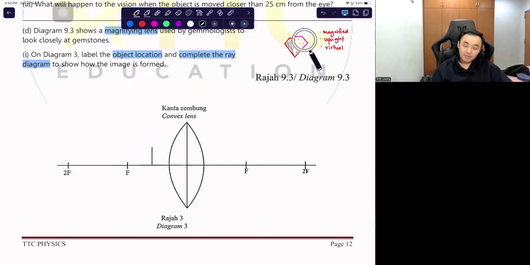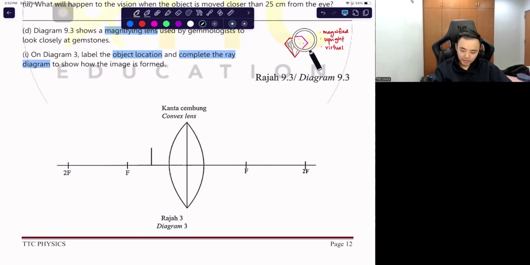Understand? Some people say, hey, actually, put here also magnify virtual, right? No. If you put object at F, what's the problem? You will end up having parallel like this. You're not going to see anything. So you're supposed to put here. Okay? Before 2F, before F.